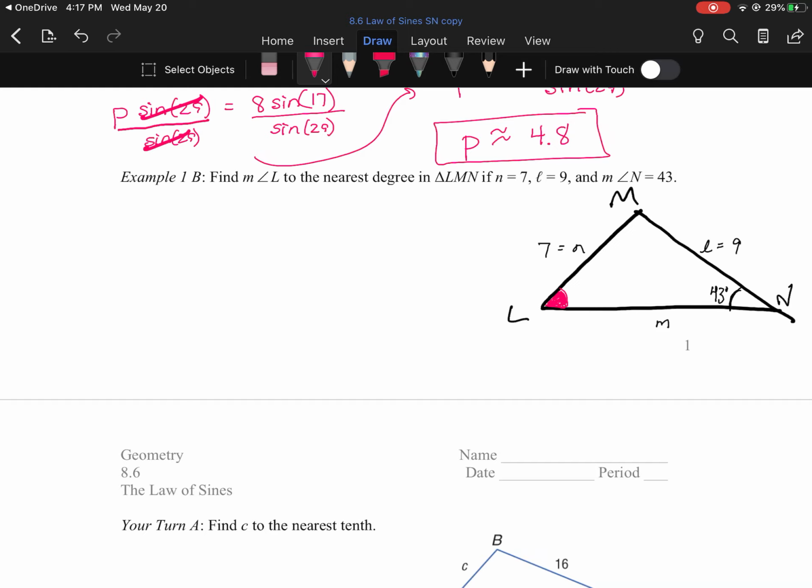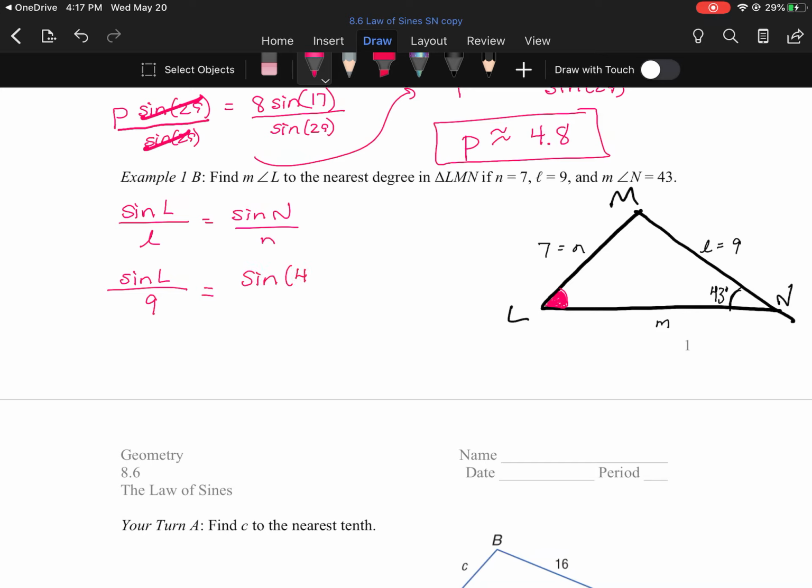Well, it's good that they gave us the angle across from it, and then they gave us angle N and side n. So those are what we're going to use. So I'm going to do the sine of L over lowercase l equals the sine of N over lowercase n. So I don't know the sine of L, so I'm keeping that the sine of L. Lowercase l is being replaced with 9.